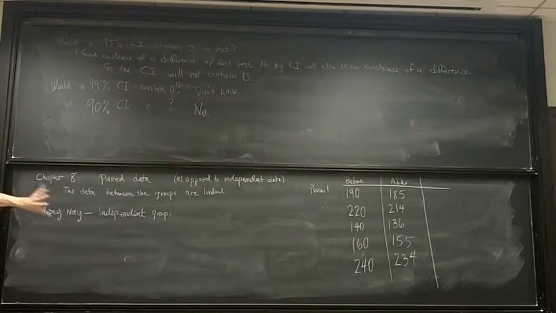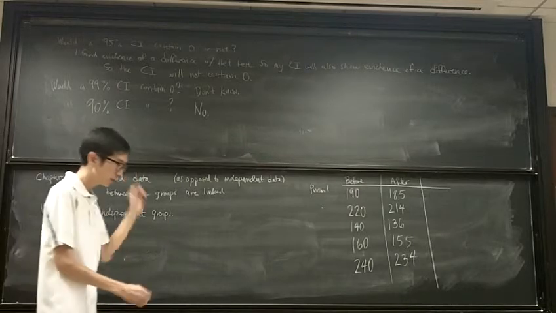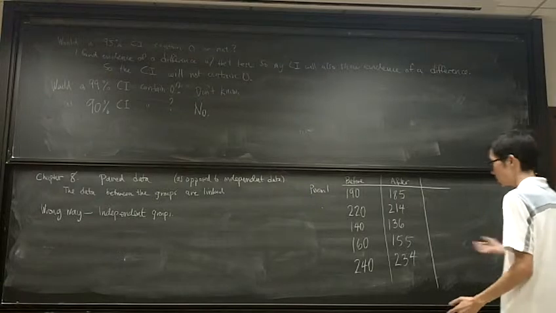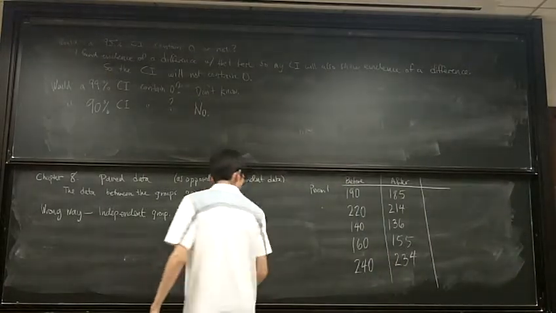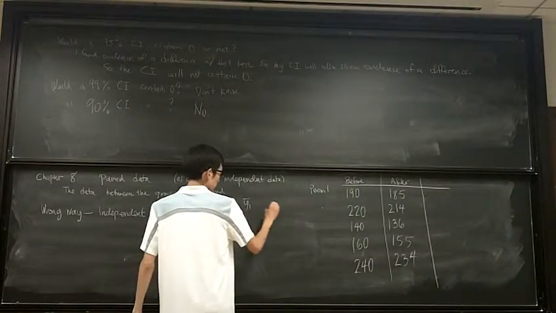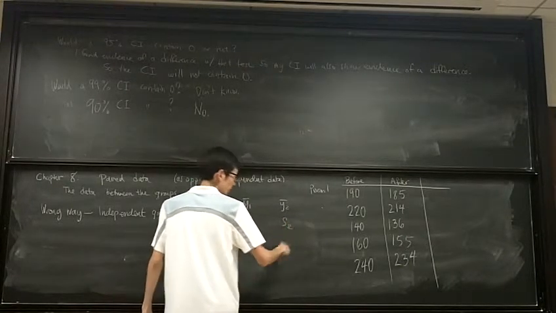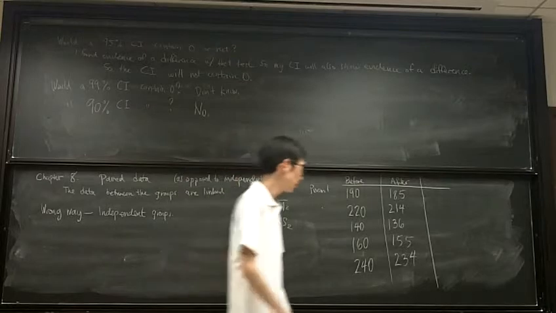What if we analyzed this using what we learned earlier today, doing just a plain old standard t-test, okay? What you would need is the mean of group 1, the mean of group 2, the standard deviation of group 1, and the standard deviation of group 2, right? And then you have n, you've got 5 in each group.